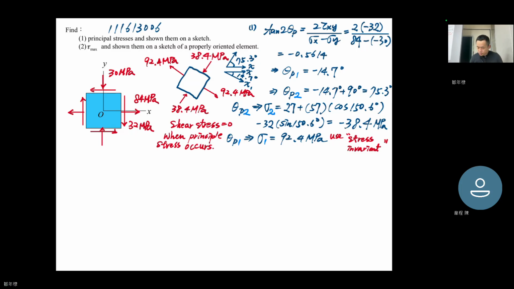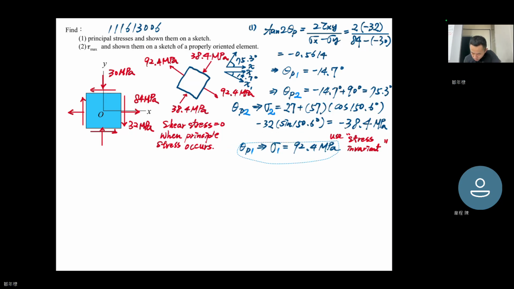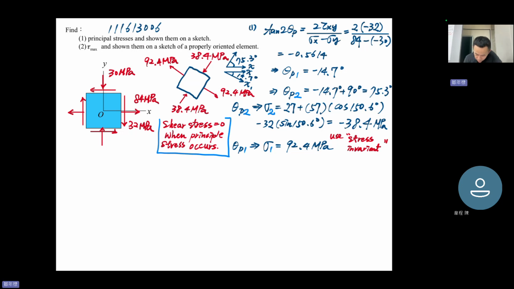When we consider principal stress, we don't need to consider shear stress anymore. Okay. This is kind of supporting information.